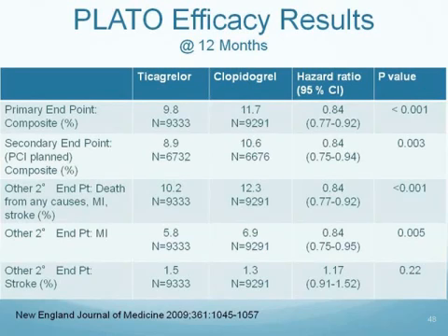As far as other secondary endpoints, death from any causes, MI or stroke, again, was reduced in the ticagrelor group. Looking just at MIs, there was a reduction, again, about 15%, but there was no significant difference in terms of stroke.